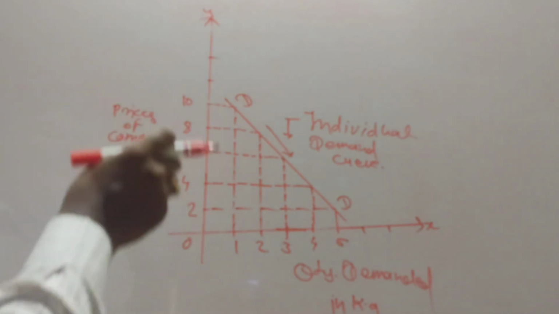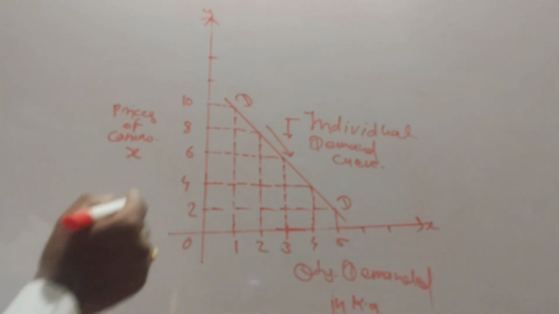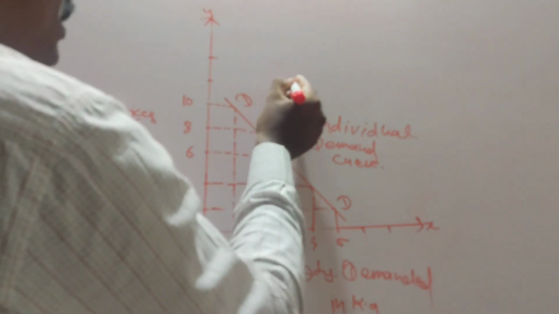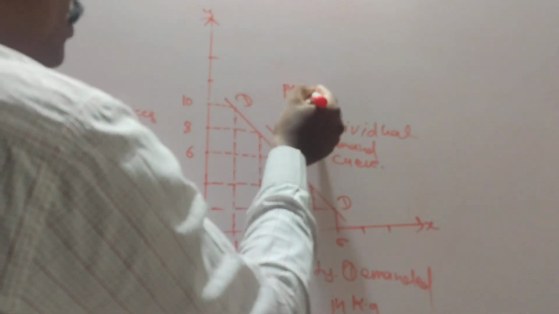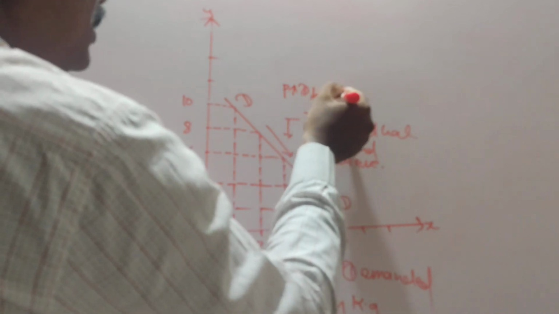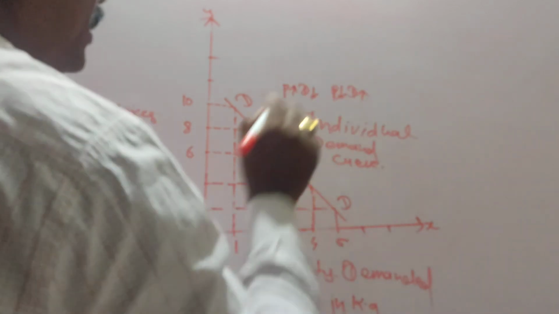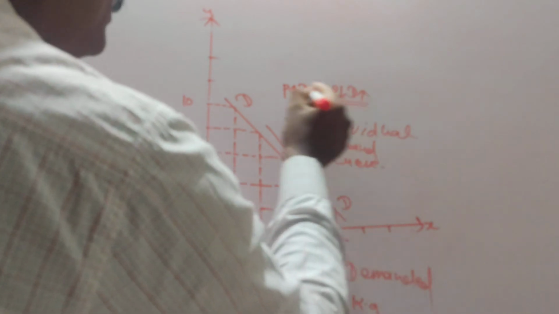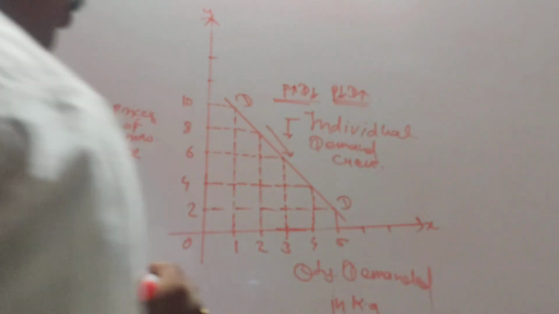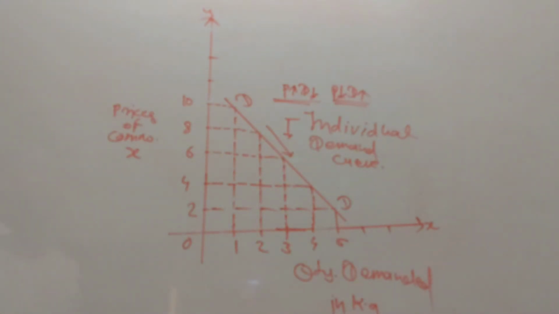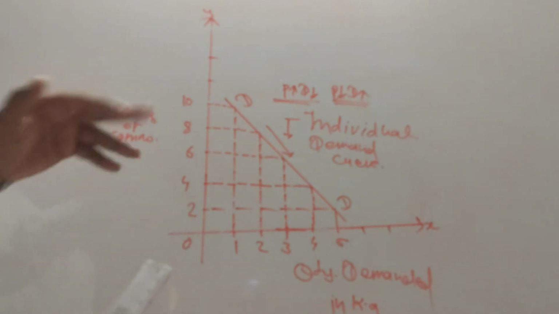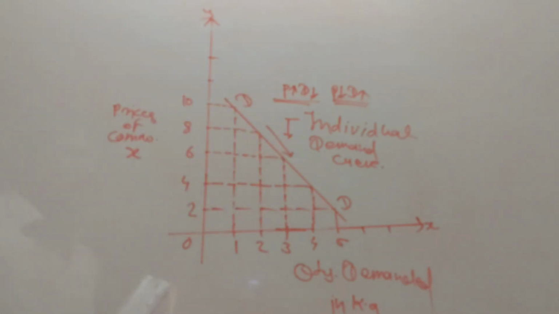This graph also shows the inverse relationship between price and quantity demanded of the commodity, and the individual demand curve slopes downward from left to right.